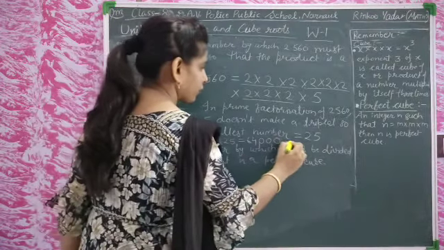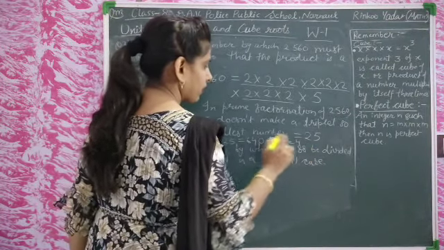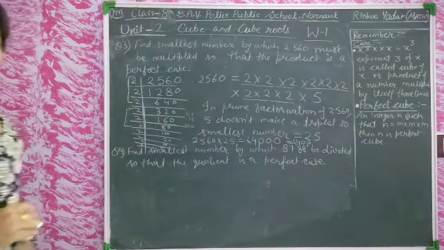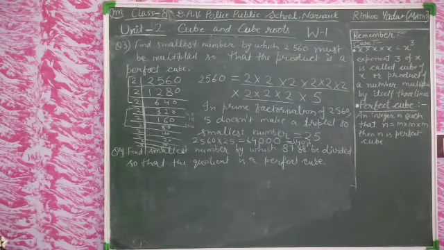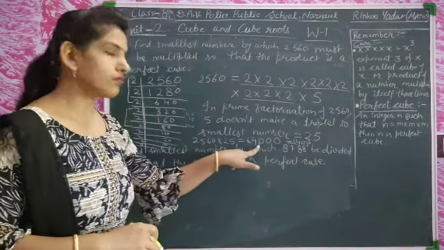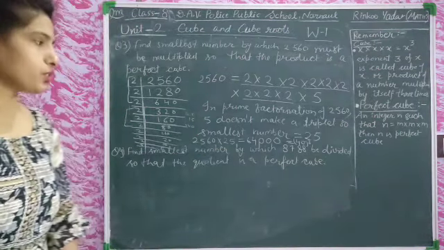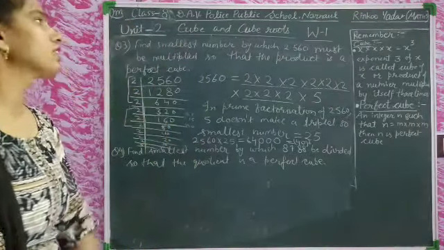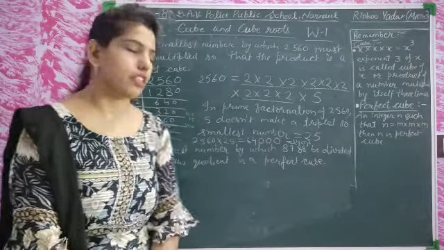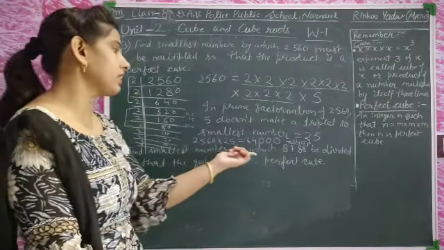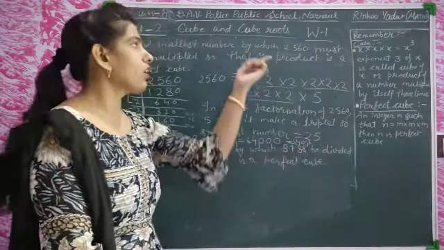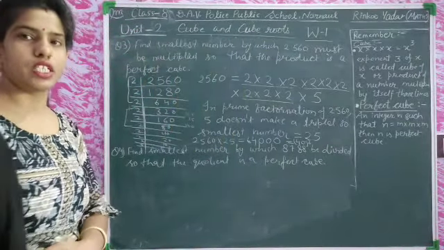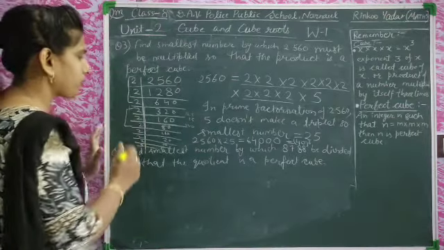So it is the perfect cube of 40, and the perfect cube of 40 is the number 64,000. So students, you will see there that you could calculate the smallest number which must be multiplied here. Both questions you can solve easily by doing the prime factorization.